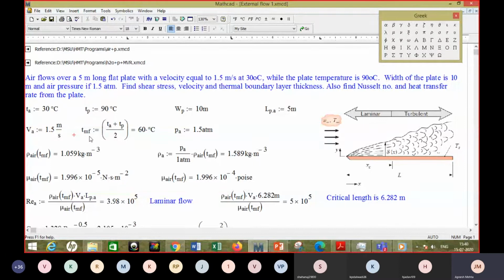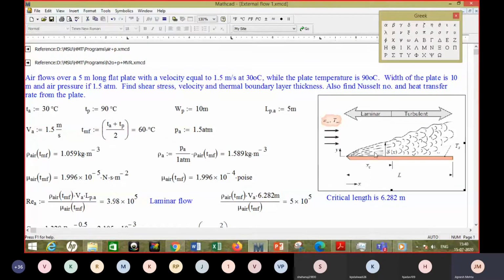Now, you will need to find the properties of air in this boundary layer. The properties are dependent upon temperature. So what temperature will you take? You should take the mean film temperature, which is the average of the air temperature and the plate surface temperature.